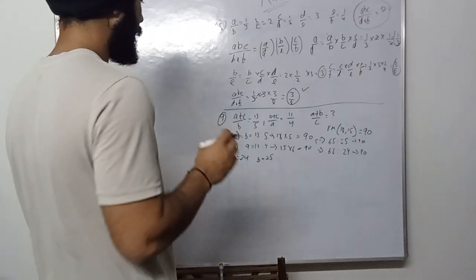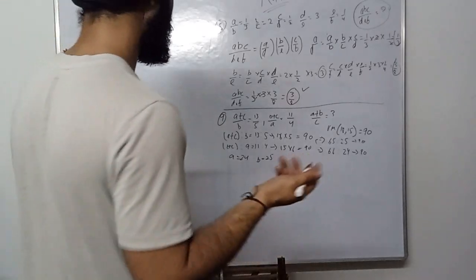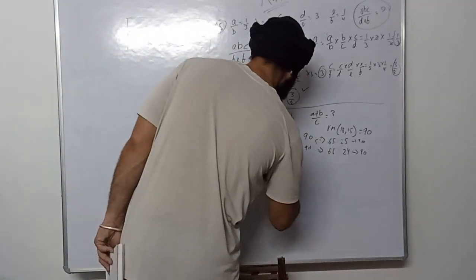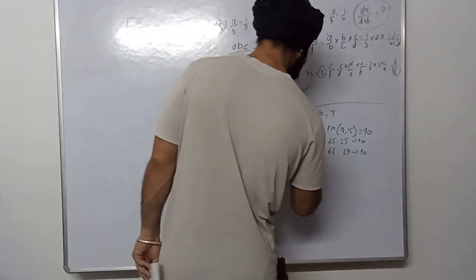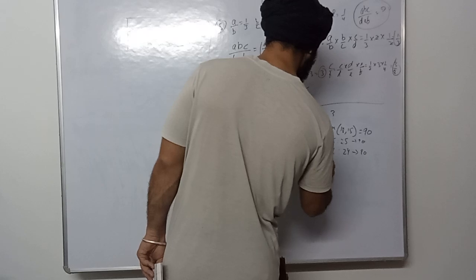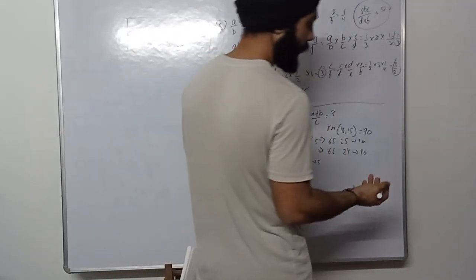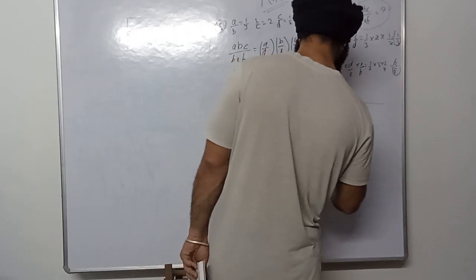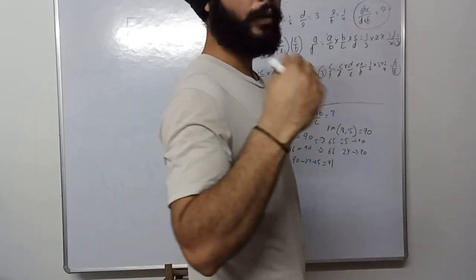If we can get the values of A and B, we can also get the value of C. How will we get the value of C? C is equal to 90, the sum is 90, 90 minus 24 minus 25, which is equal to 41. C's value is 41.